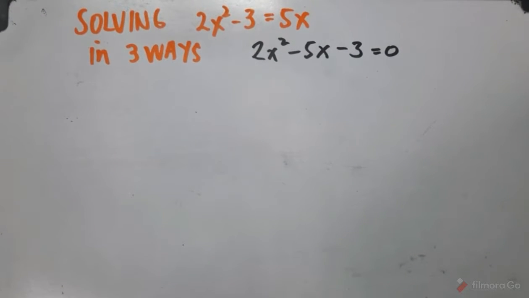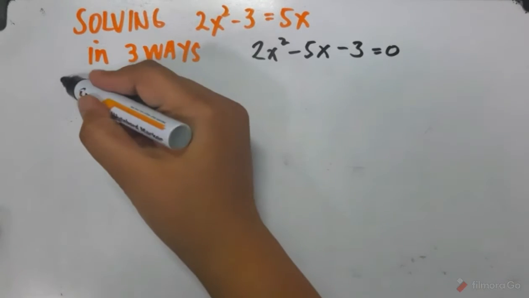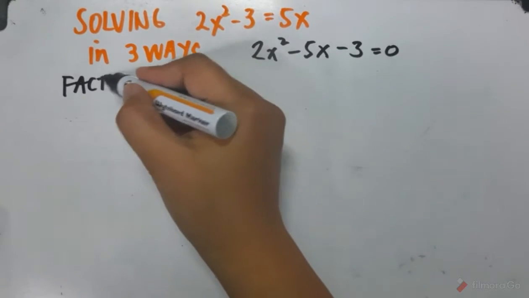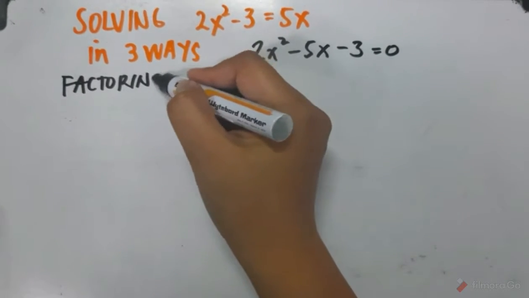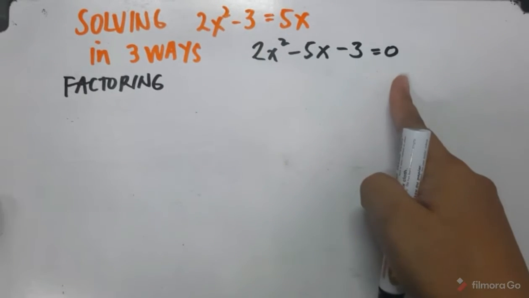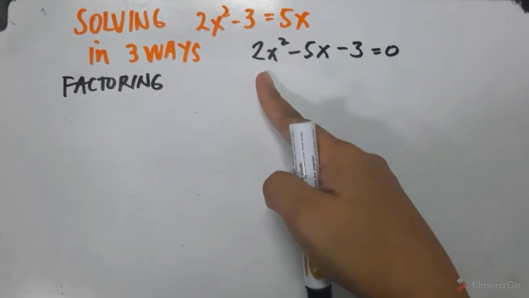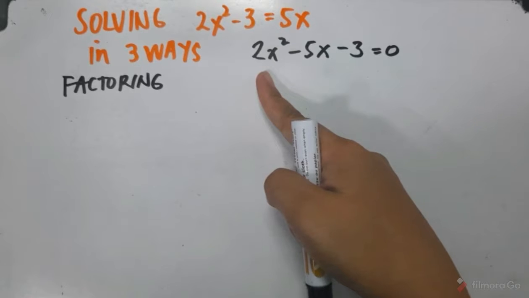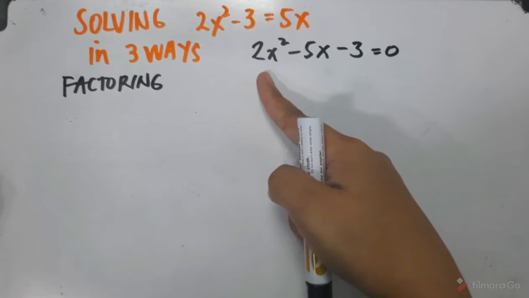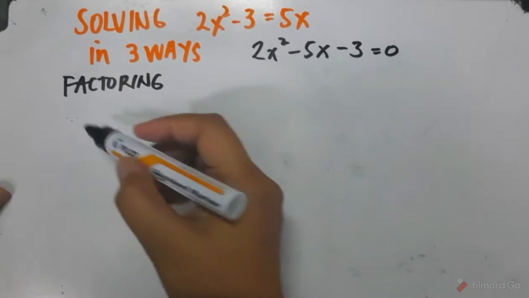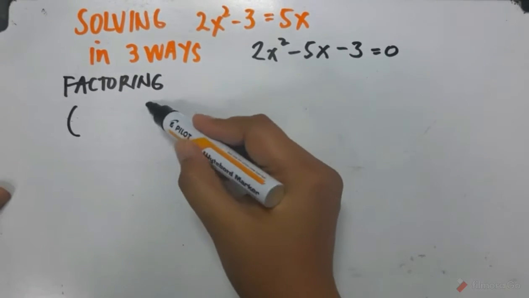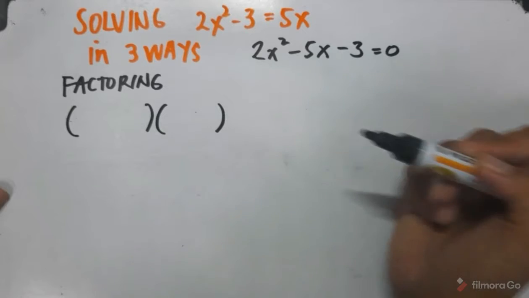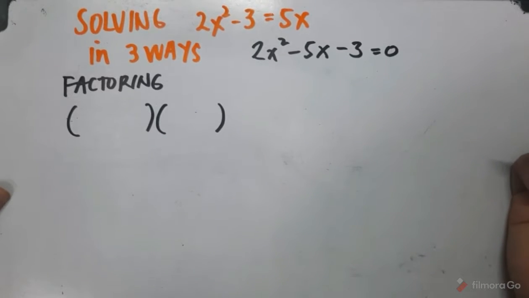This time, let us use factoring. The first way to solve it is by factoring. Remember, our given has a first term's numerical coefficient that is not 1. We have 2. So, to factor this, we may use trial and error.